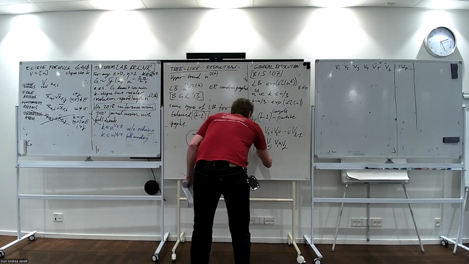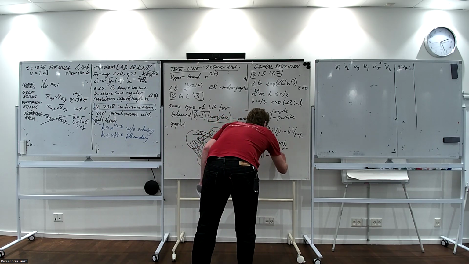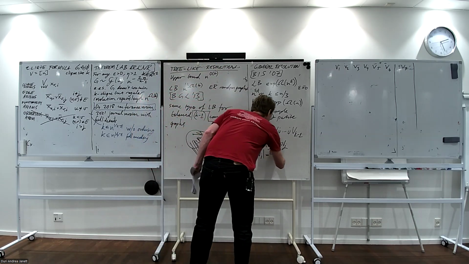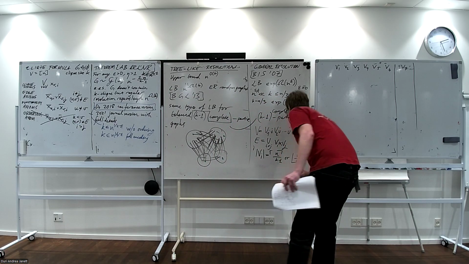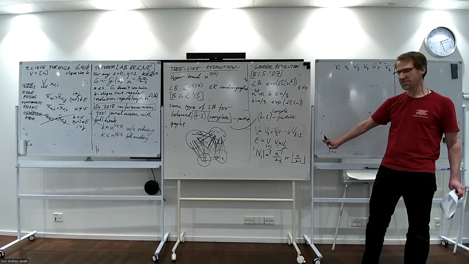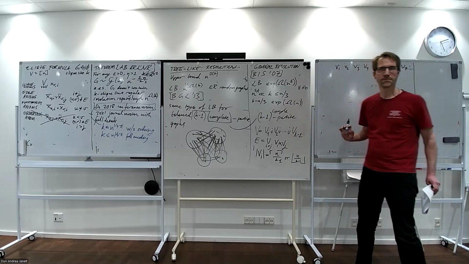And now it's balanced if every V_i has size n over k minus 1, except that maybe that's not an integer. So either I round it up or I round it down. So basically, all parts have the same size, except that if k minus 1 doesn't divide n, then obviously I have to do some rounding.